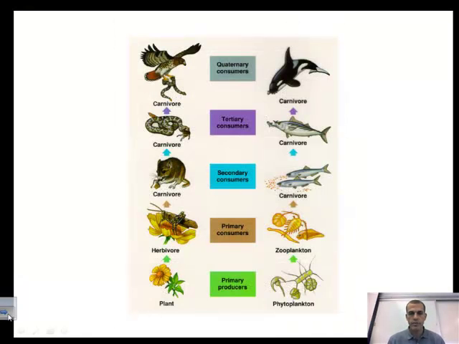So, for example, if we look at this particular food chain that we looked at in the last screencast, you can see here we have our producers, our plant and our phytoplankton. Notice the arrows are moving in the direction that energy is flowing. We have our first trophic level here, our second, third, and so on as we go through this.